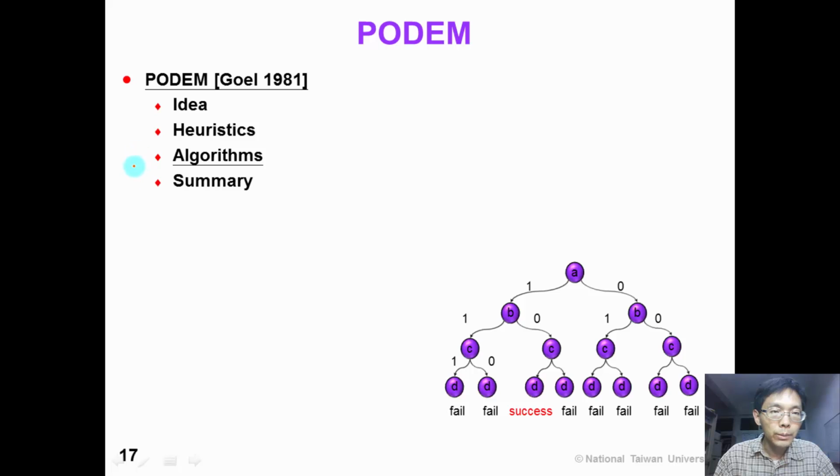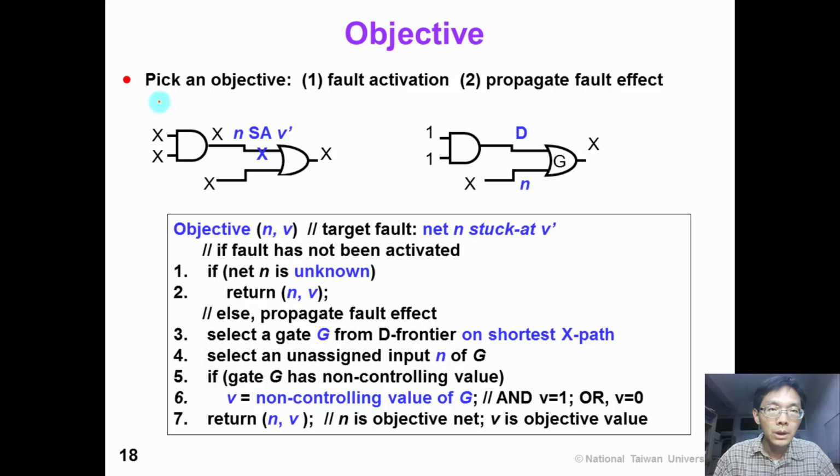Now let's look at the PODEM algorithm in more detail. The first function we will introduce is the objective function. The objective function picks an objective. There are 2 cases. First, if the fault has not been activated, then we set an objective to activate the fault.